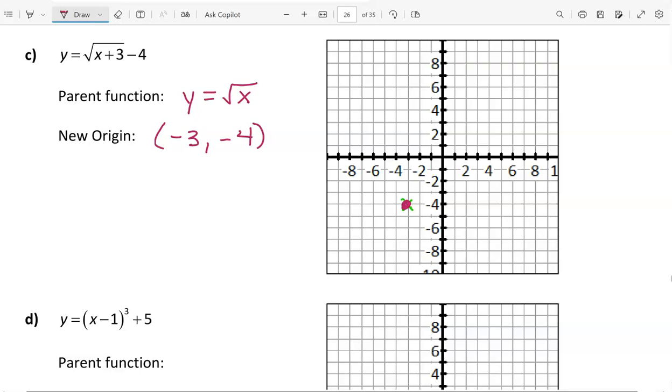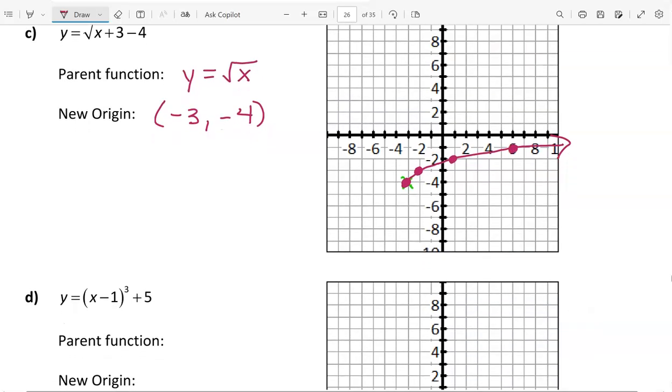And then when we go right 1, we go up the square root of 1, which is 1. When we go right from the new origin 4 units, we'll go up the square root of 4, which is 2. When we go right 9 from the new origin, we'll go up the square root of 9, which is 3. And that gives us our translation of that parent function.